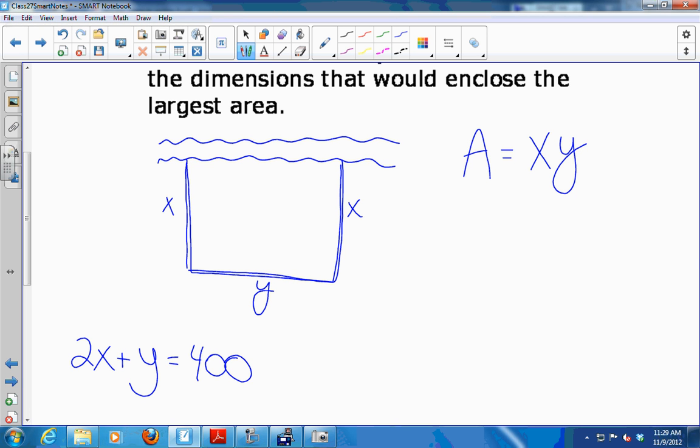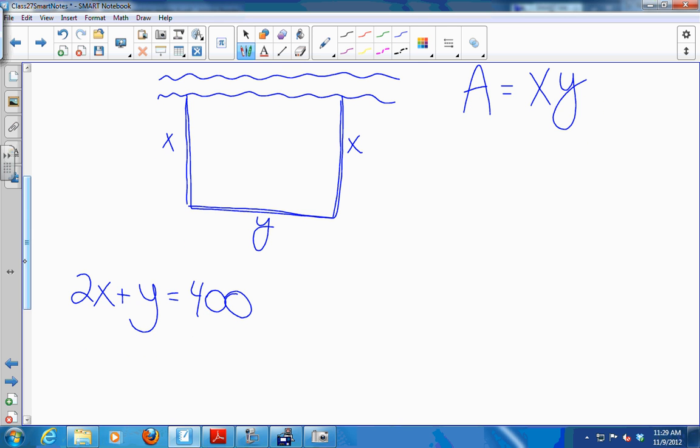So this is a formula for area, but unfortunately, it's got 2 variables in it. We really are used to working with functions that have 1 variable. So I use this other piece of information, and I can solve for one of my variables. So I would get y is 400 minus 2x.